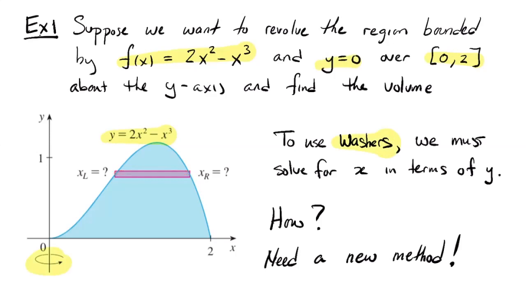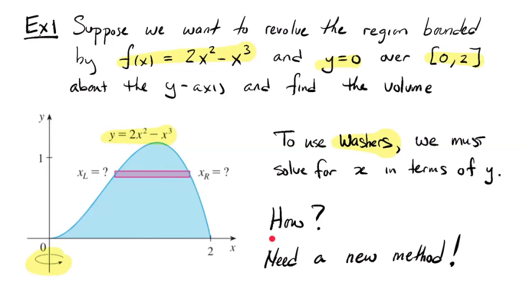That means we're going to need to take this equation and solve it for x in terms of y, because that's how we're going to find our so-called outer and inner radii. To use the washer method, we have to subtract the outer radius squared minus the inner radius squared, and those outer and inner radii are going to depend on y, so we'd have to solve this equation for x, because we need y to tell us what x is.